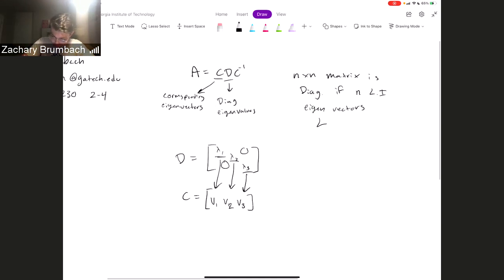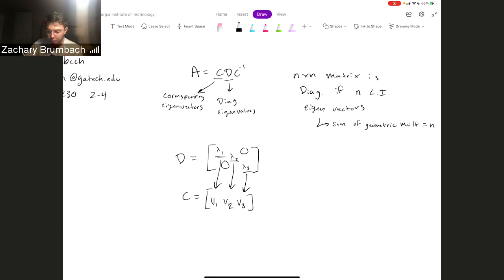Another way to say this: the sum of geometric multiplicities equals n. That's just another qualification you can think of it as.